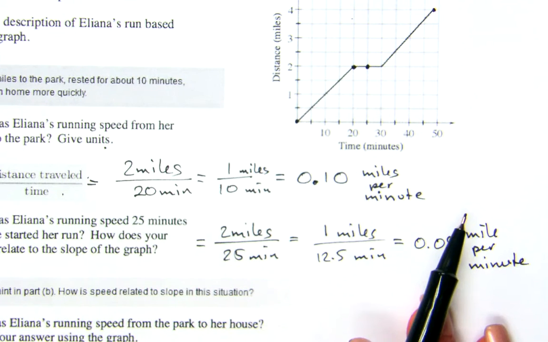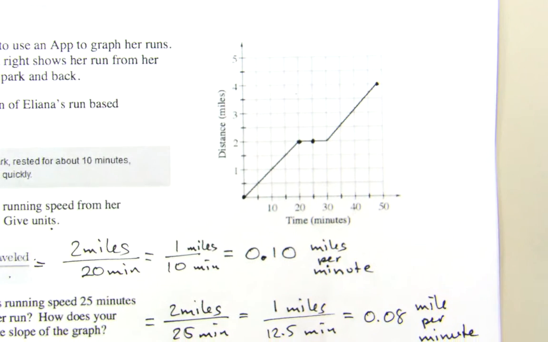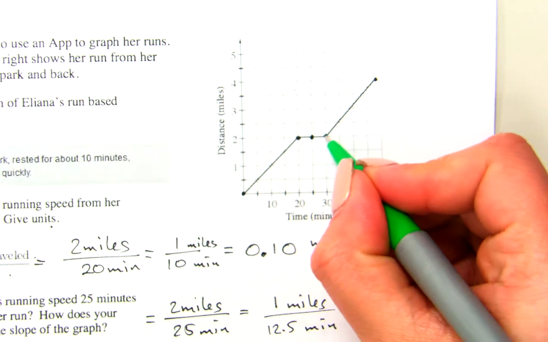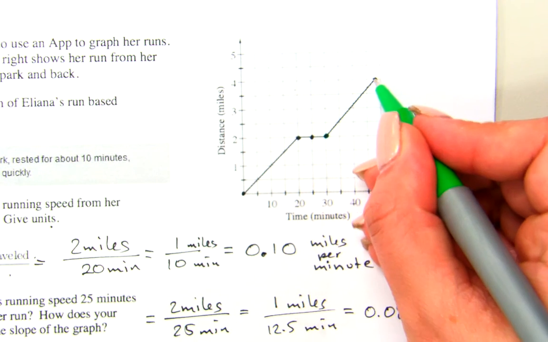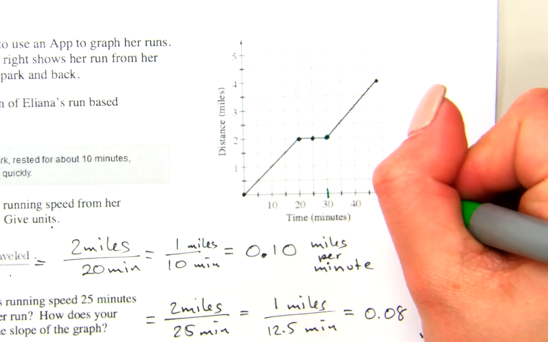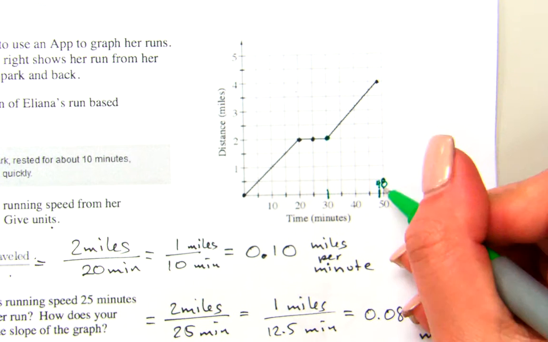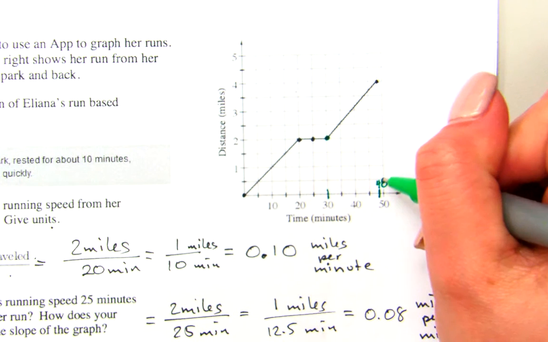Okay, what was Eliana's running speed from the park to her house? Justify your answer using a graph. Okay, from the park, I guess it was over here. She left the park and then she got to her house. So this was at 30 and this was at, I'm going to say 48.